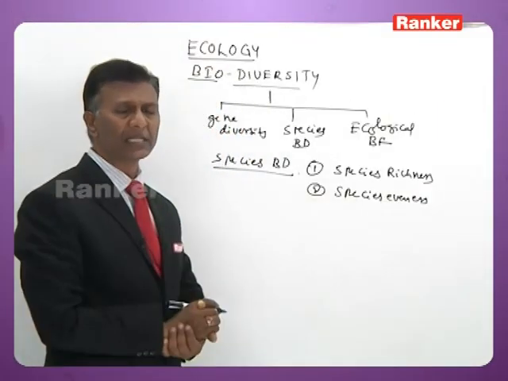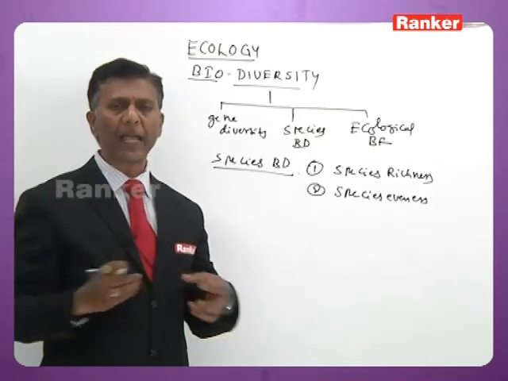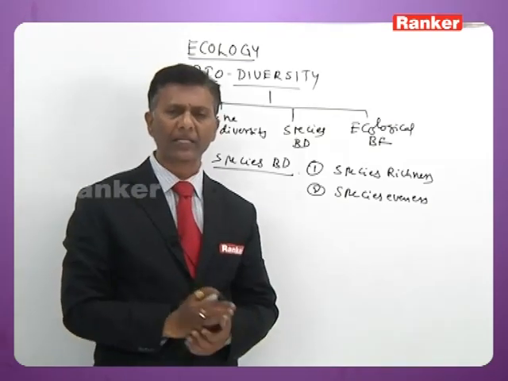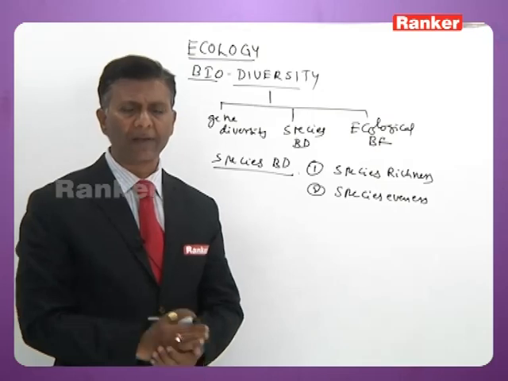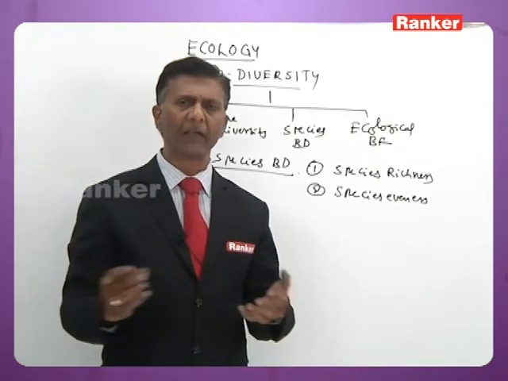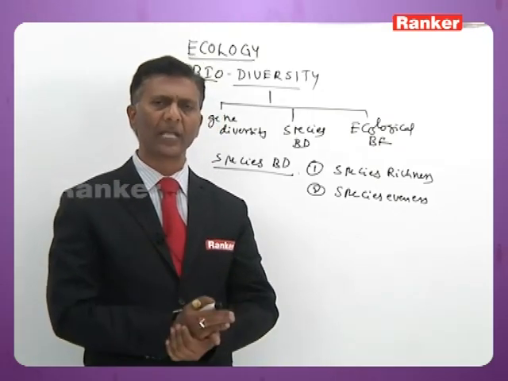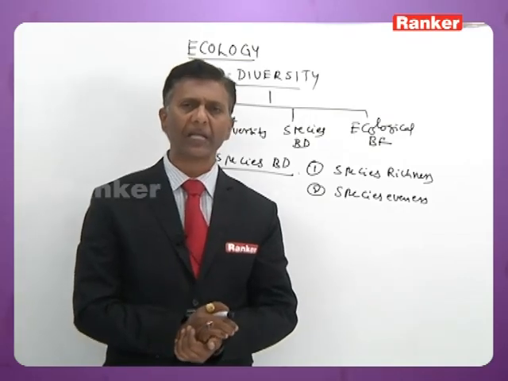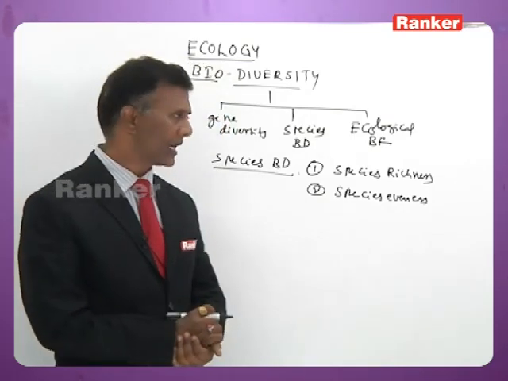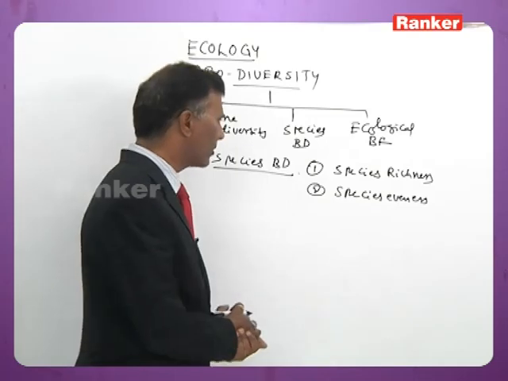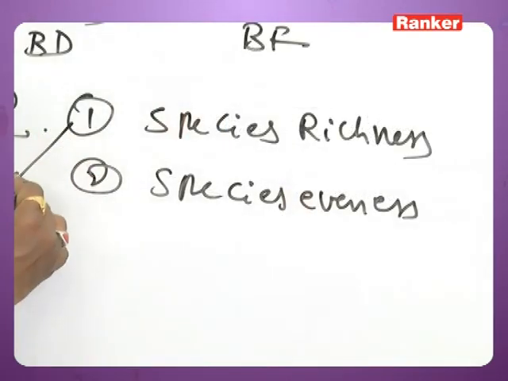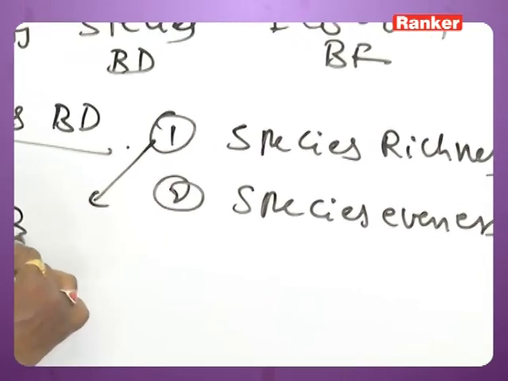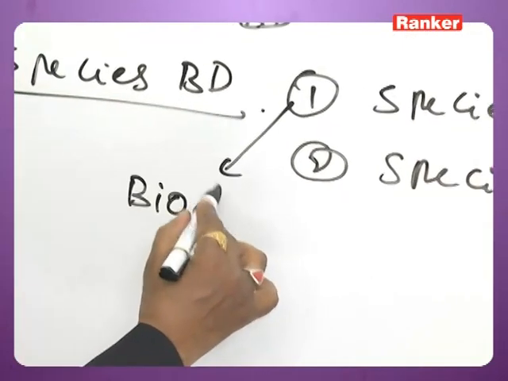Species richness is the presence of different types of species in a particular habitat. If a habitat has got diversified or different types of species, we would say that that particular habitat is rich in species. That can be called species richness. The best example for species richness is biodiversity hotspots.